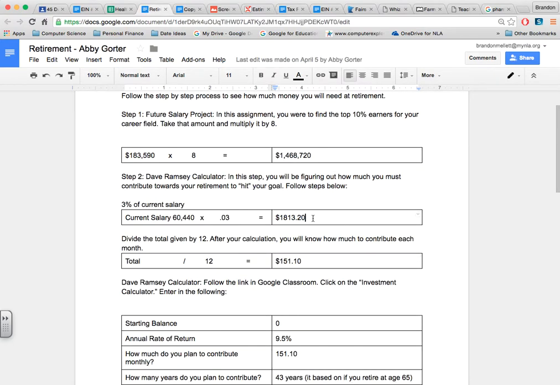This is the amount that you're paying per month. If you can't find it, go back to the retirement doc that we did. Find out how much you've been paying per month, and then take this amount and multiply it by 12.